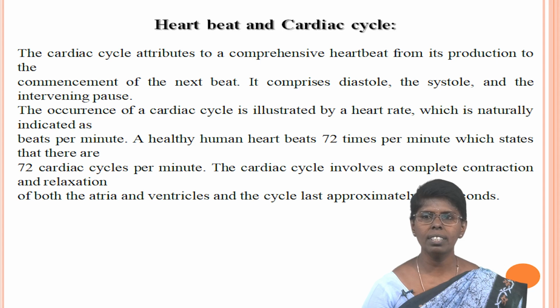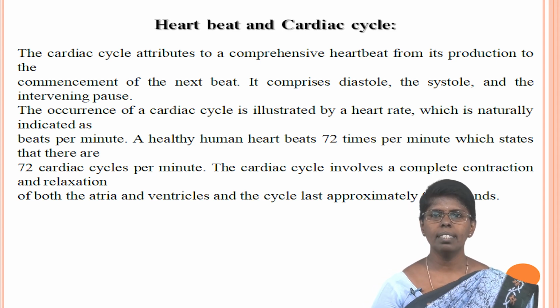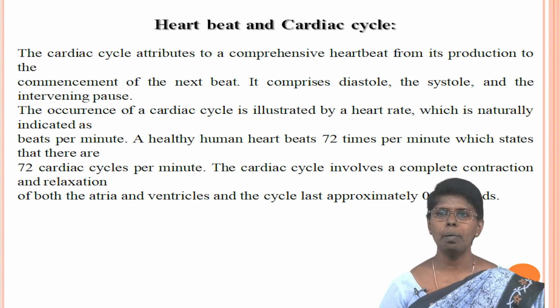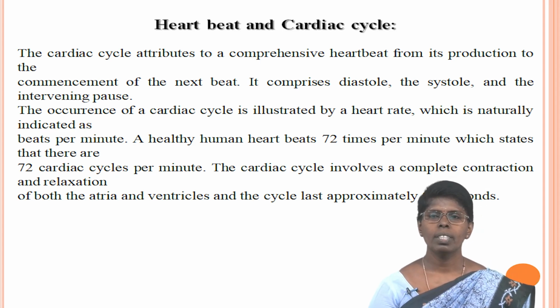The key function of the right ventricle is to pump deoxygenated blood through the pulmonary trunk and pulmonary arteries to the lungs, while the left ventricle is responsible for pumping newly oxygenated blood to the body through the aorta.